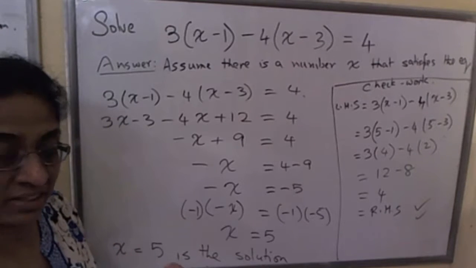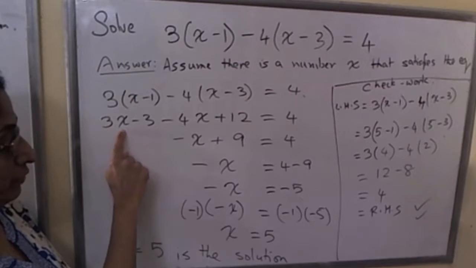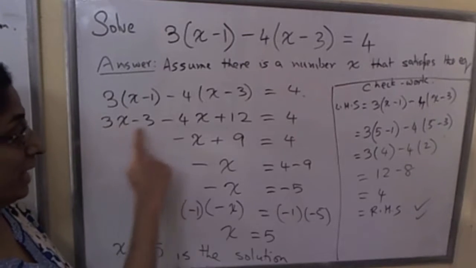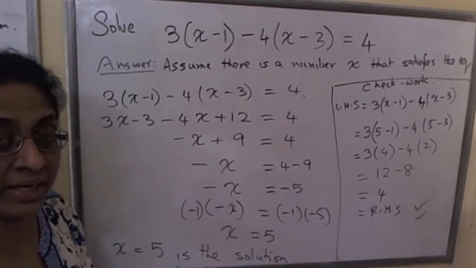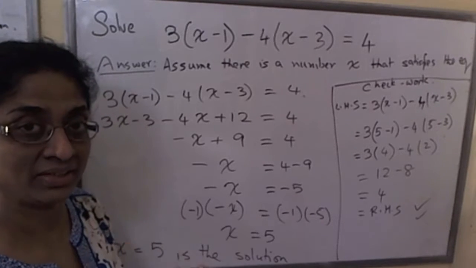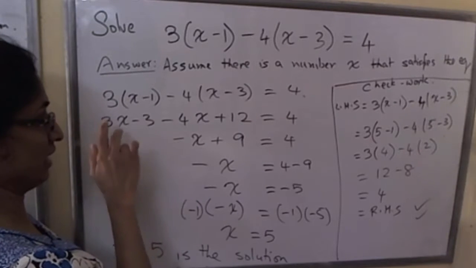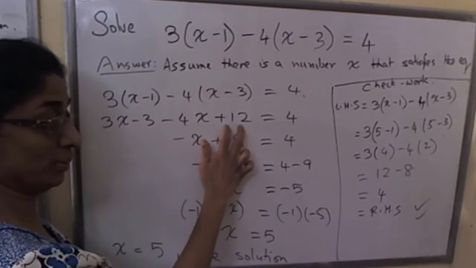At this point, it may be tempting to take care of this 3x by subtracting 3x from both sides. I'm going to ask you not to do that. Instead, look at this expression. This expression has x terms and some numbers.